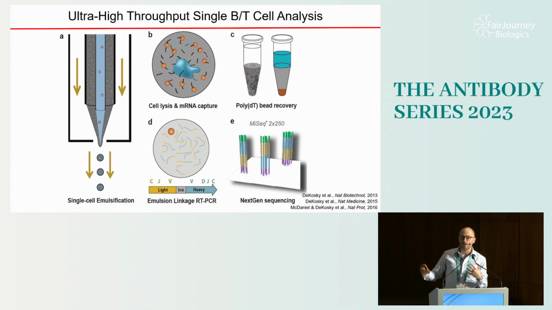Then we can wash away all of the cell lysate and all of the things that really make RT-PCR reactions inhibited in some ways, and then re-emulsify each of those beads and do an emulsion linkage RT-PCR. That actually physically links the heavy and light chain genes onto one strand, and once they're physically linked, we can sequence them, and we can also clone them, as we'll get into in a couple of slides.